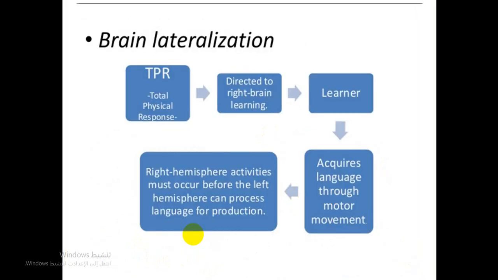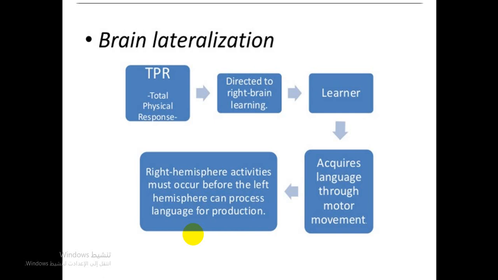The second hypothesis of this method is brain lateralization. Asher sees total physical response as directed to right brain learning, whereas most second language teaching methods are directed to left brain learning.